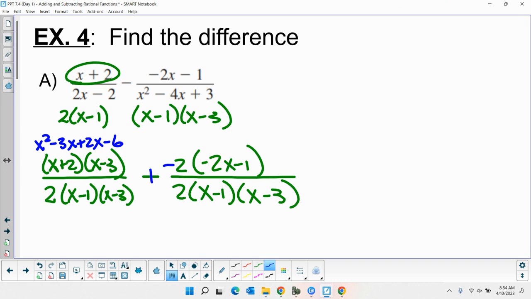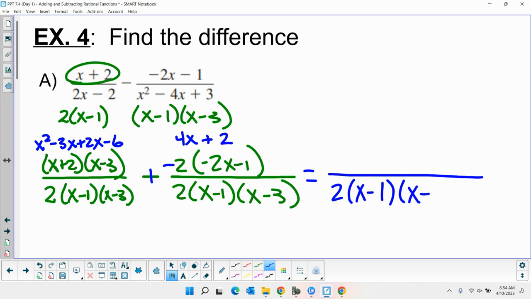So negative 2 times negative 2x is a positive 4x. And negative 2 times negative 1 is a positive 2. So now I'm going to rewrite, or actually I changed it to addition. I made that plus negative 2 and distributed the negative 2.